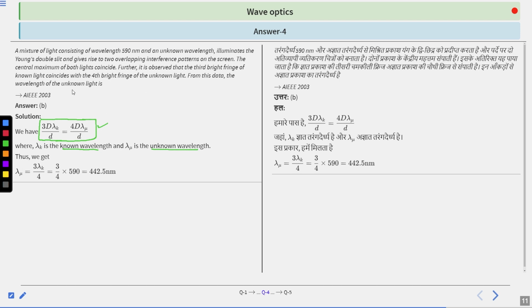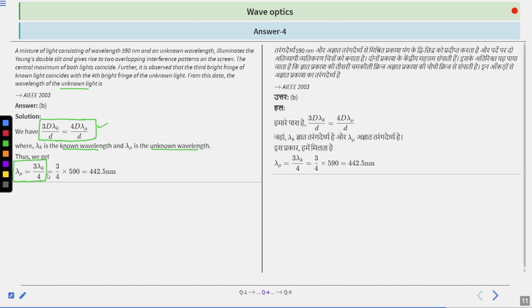So lambda u is equal to 3 lambda k divided by 4, since D and d cancel out. So put in all the given terms from this question, and after that you will get the correct solution.